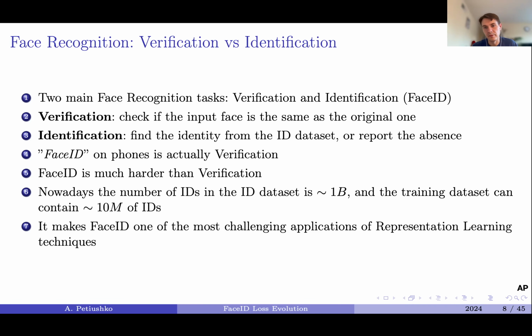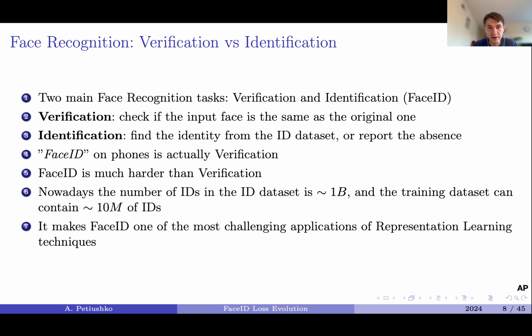And why are we talking about Face ID? Because of these numbers, billions and millions, compared, for example, with the usual MNIST and CIFAR datasets. They have, for example, 10 classes or 100 classes.